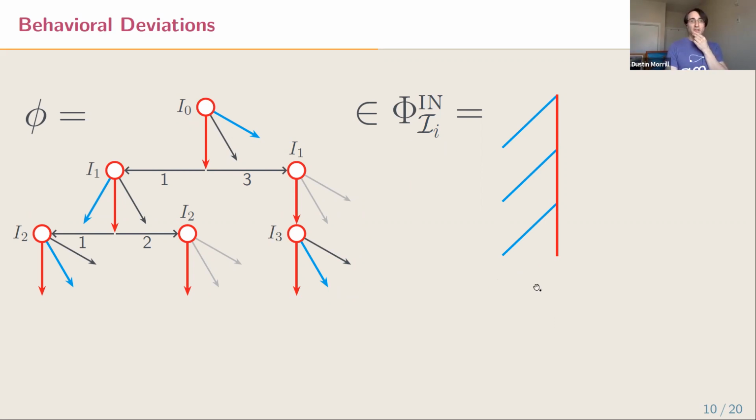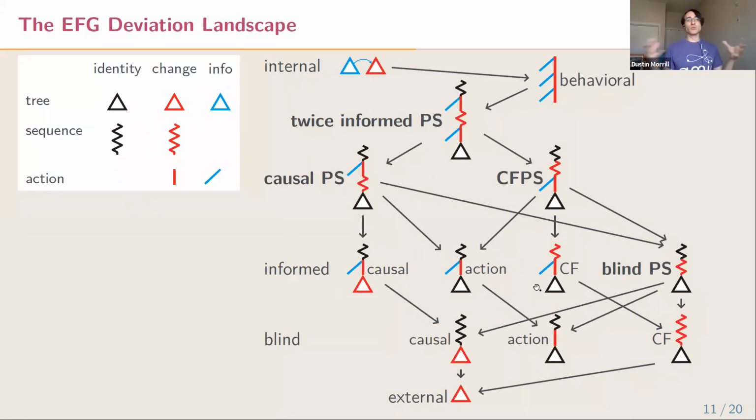Okay, so with that described, we can then start to take a look at the larger deviation set landscape within extensive form games. I know this slide is really busy, but I'm going to go through it a piece at a time. So at the top of the figure, we have the internal transformations that represent all the different transformations that you could do from one strategy to another.